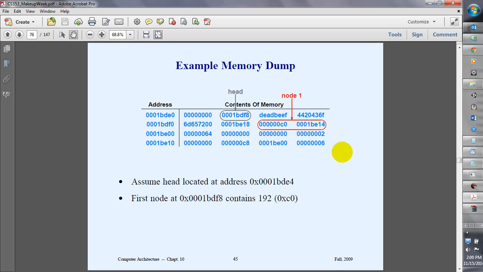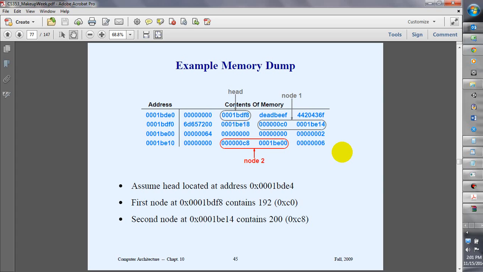So the first node at 1BDF8 contains 192, which is 0xC0. So that's how you get the number 192 at that particular memory location.